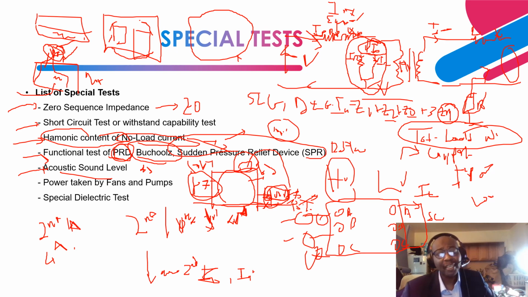And also the leakage flux that impinges inside the tank walls of the transformer also creates a little bit of audible noise. So these are all the sources of the sound level that is determined during design. And during acceptance testing, this testing is done to make sure that the transformer that is leaving the factory floor meets the design criteria that is needed by the customer.